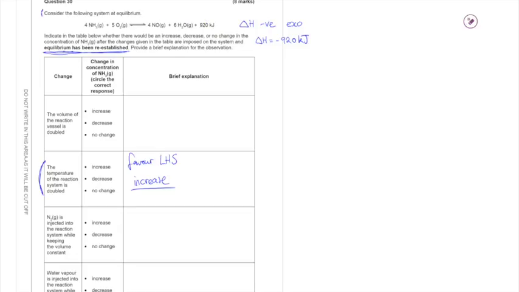The volume of the reaction vessel is doubled. And this has potentially two things that could come into it, and we're going to be tackling them one at a time. So the first thing with these questions is whenever we're dealing with a pressure, whenever we're dealing with a volume, which are pretty much the same sort of thing, we're going to be looking at the number of moles of gas and only gas on the left-hand side and also on the right-hand side.